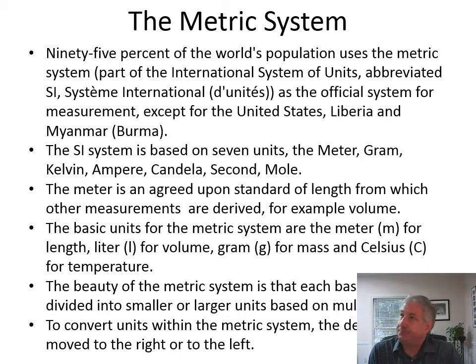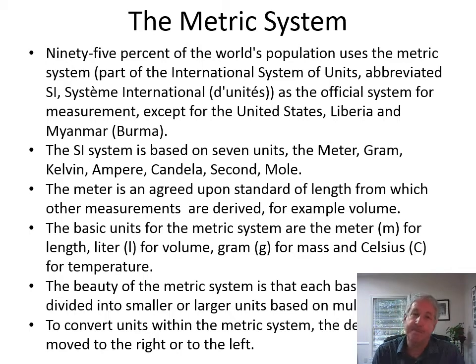So anyway, it makes it easy to convert from the prefix for a unit to the next prefix. So you go from meter, and you have decimeter, centimeter, and millimeter, and those are all divisible by 10. So we're going to talk about that and show how that works here in the next few slides.